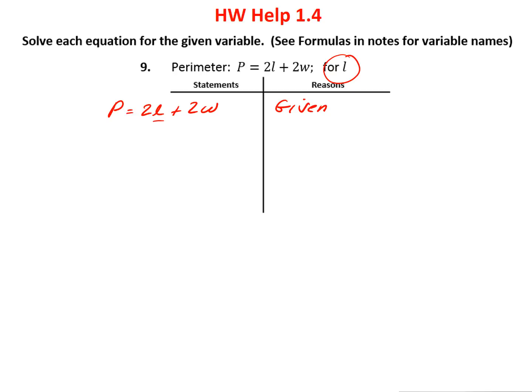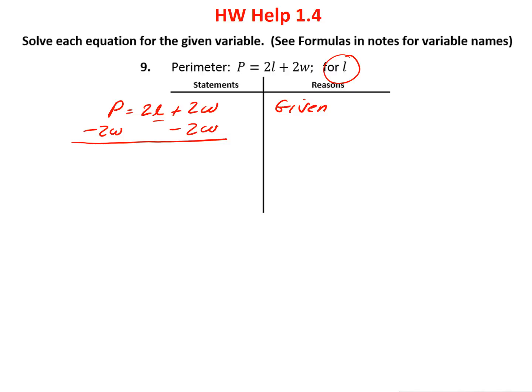Okay? So, to get L by itself, we need to get rid of the 2W and the 2. So let's start just like a two-step equation by getting rid of the 2W. So I'm going to subtract 2W from both sides. This is just like working a regular one. The only difference is students sometimes get confused because they're subtracting. They're used to numbers and not letters.